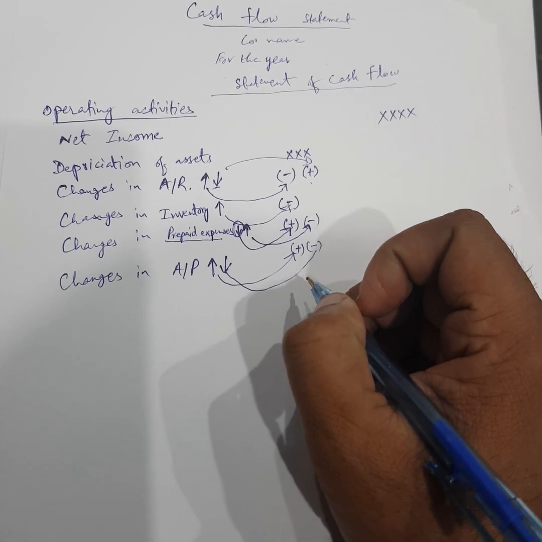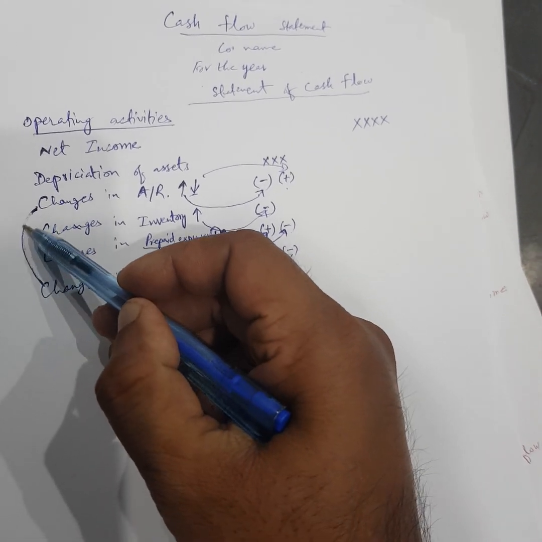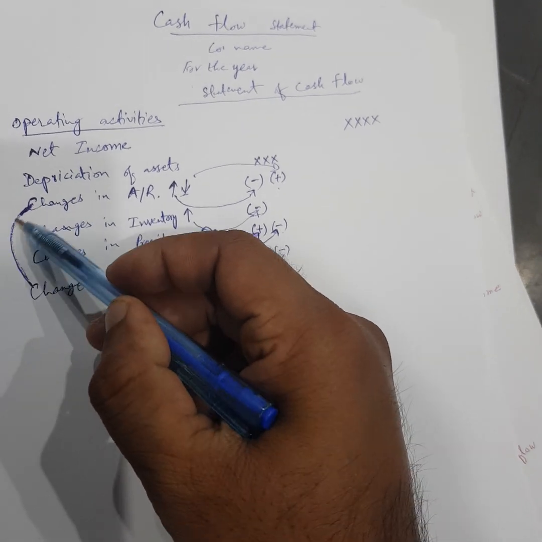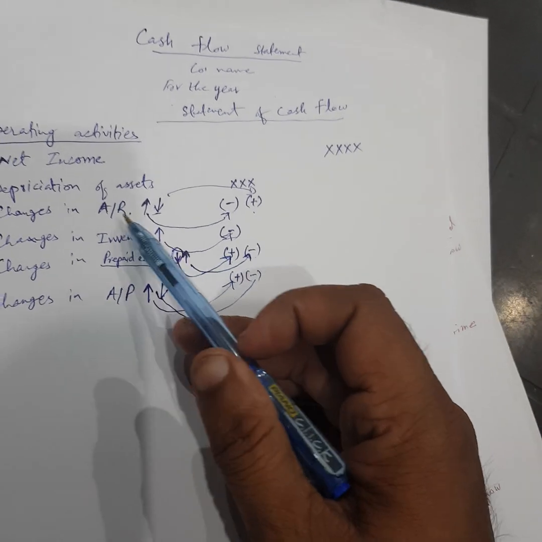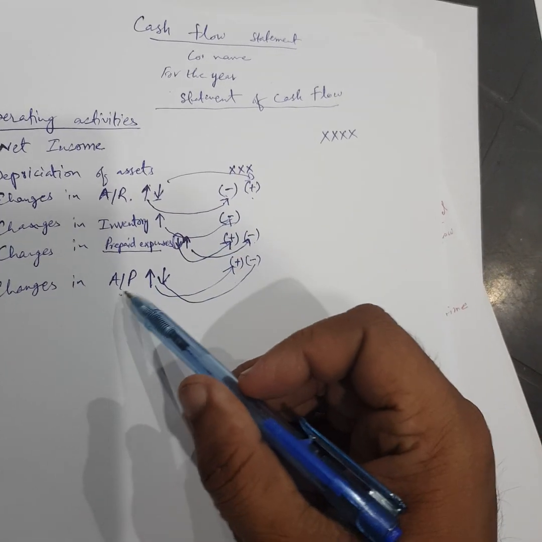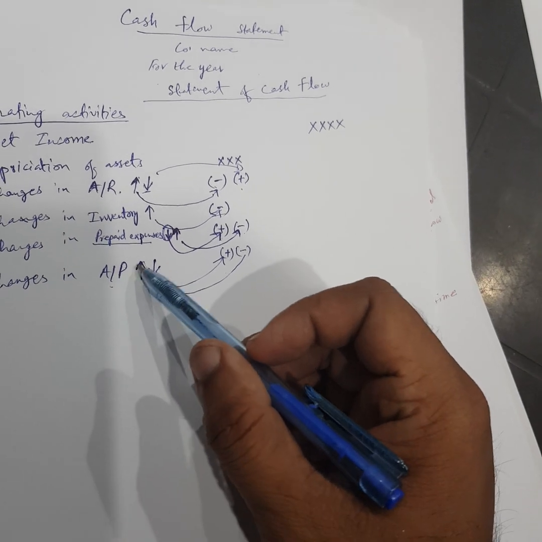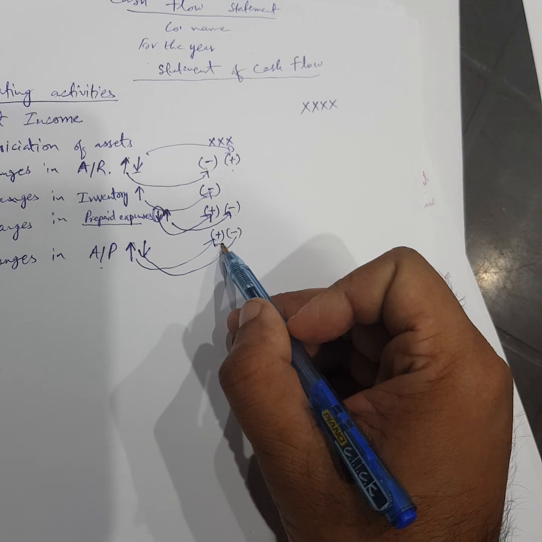The main tip for you to remember is this: the current assets and current liabilities are inverted to each other. They are opposite, because whenever our account receivable increases, our cash goes out. Whenever our account payable is increasing, our current liability is increasing, and we are able to get a cash inflow.